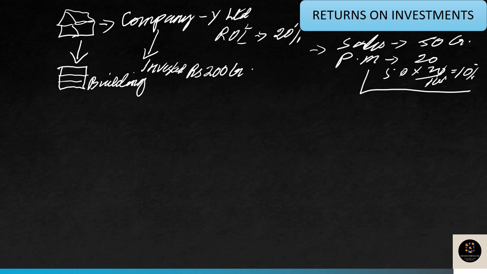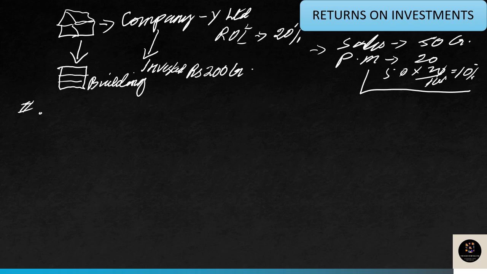Well, expecting the return on investment is 20%, but the profit margin is only 10%. So sure, the investors will not be happy in this situation. So let's see another scenario here.